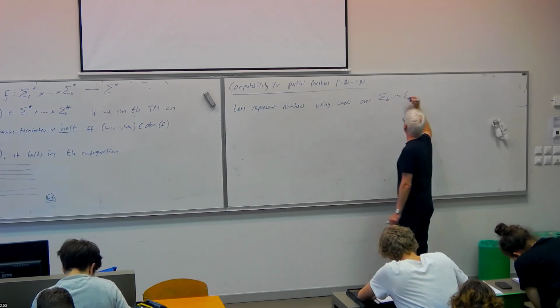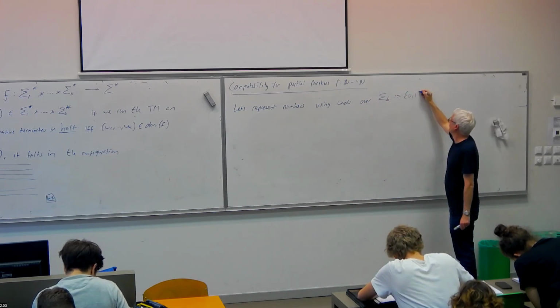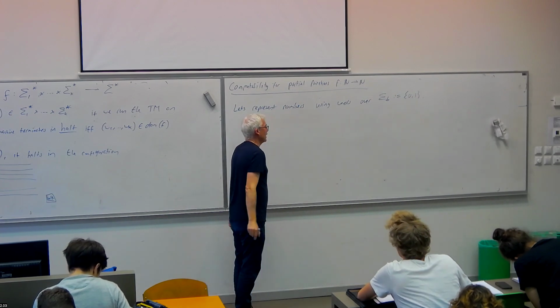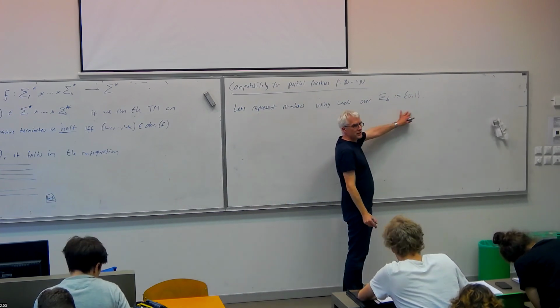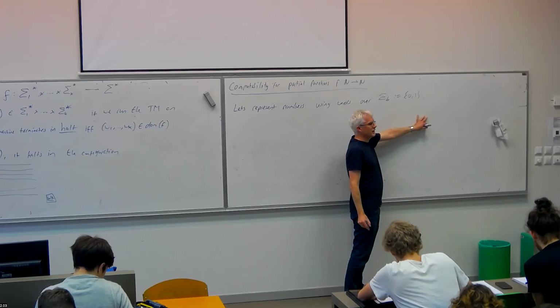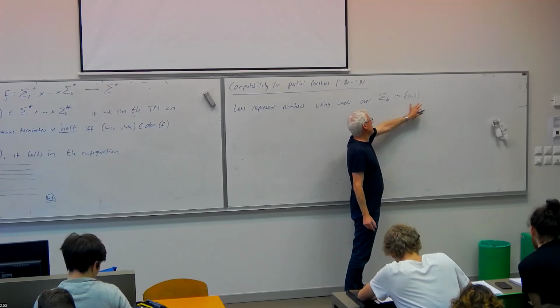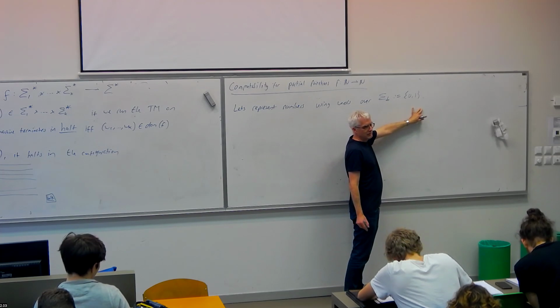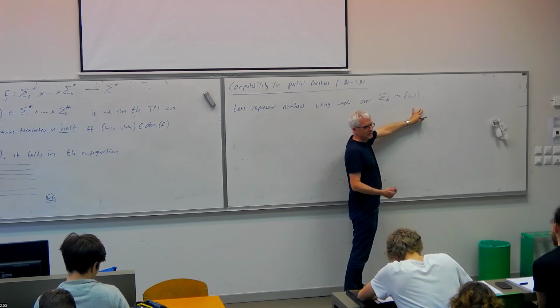So sigma B for binary, 0, 1. They're just the symbols. And I think the easiest representation is just to say any word over this alphabet represents a number, namely the number that you get if you calculate it in binary.